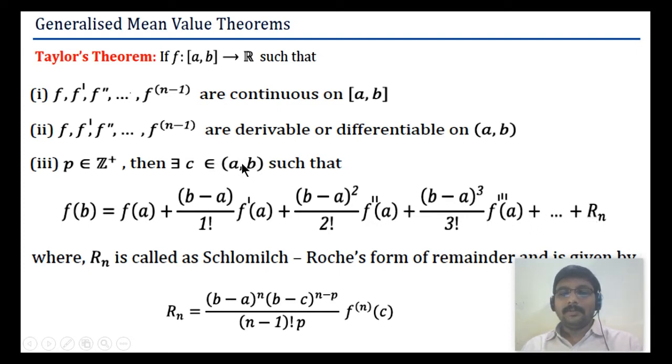So c belongs to open interval (a,b), which is satisfying this condition, where Rn is called the remainder.